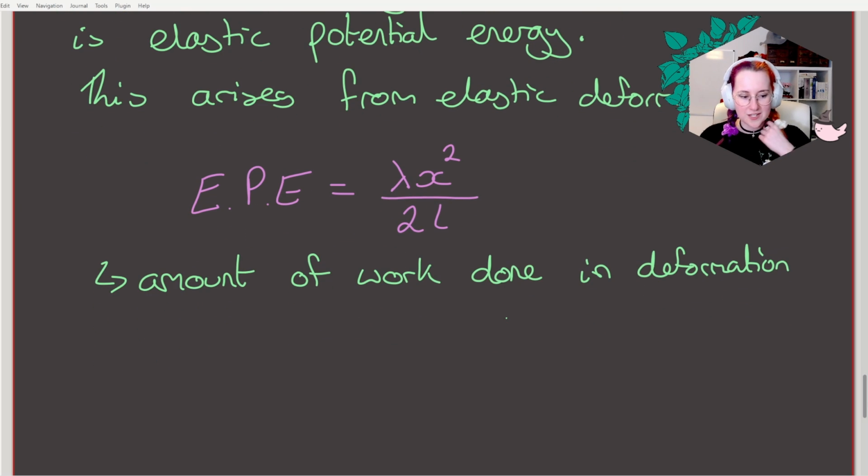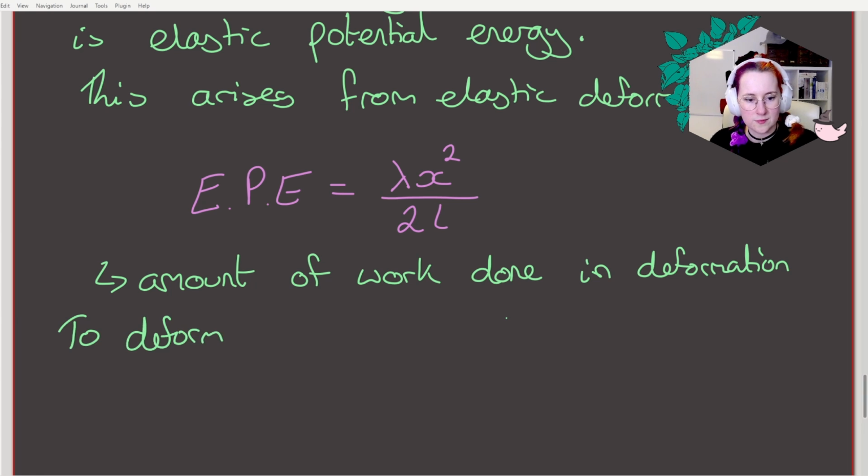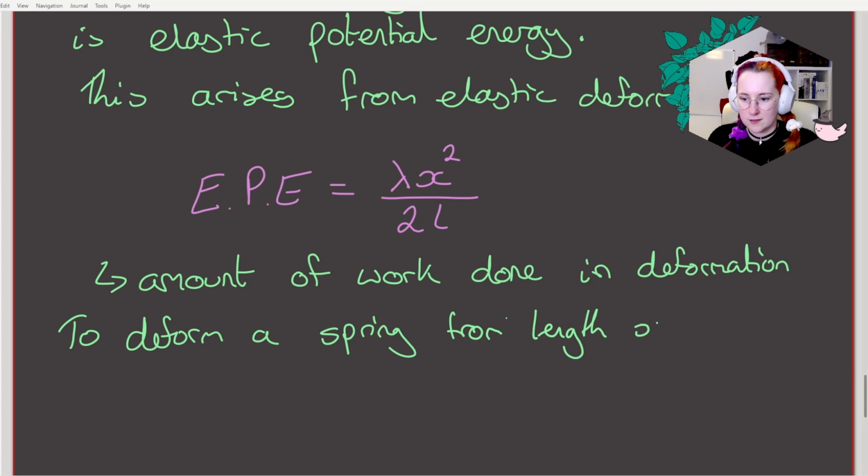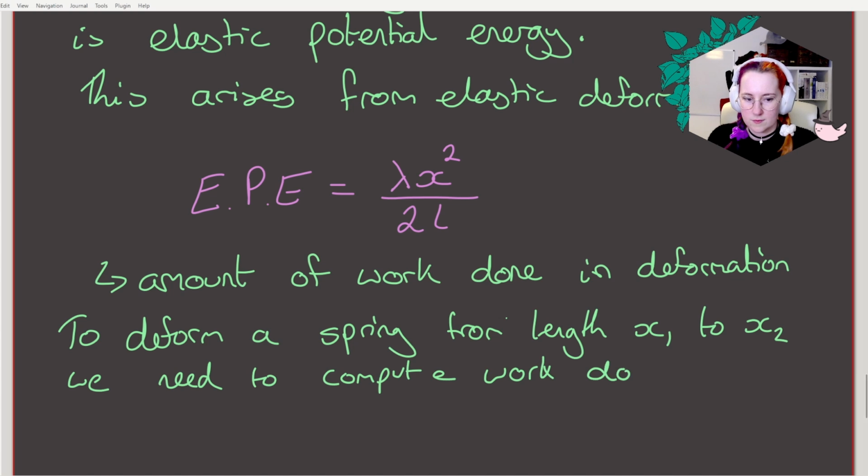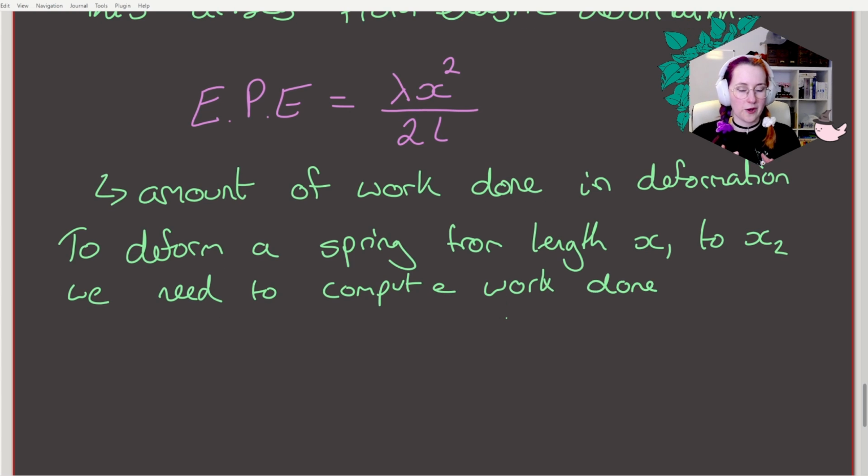Interesting. Well, I'm going to try and do the derivation, so we'll see. To deform a spring from length x1 to x2, you have to do a certain amount of work to it.